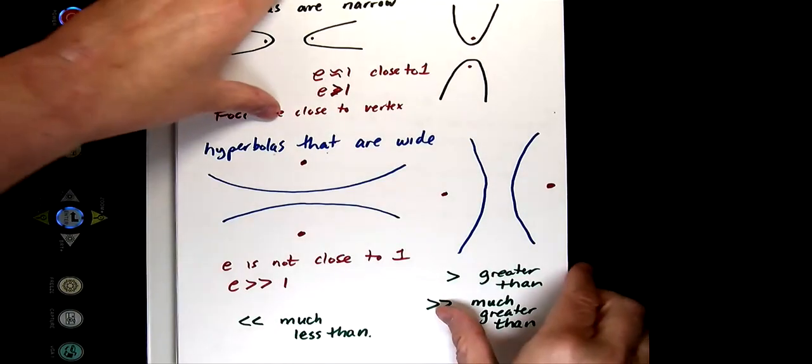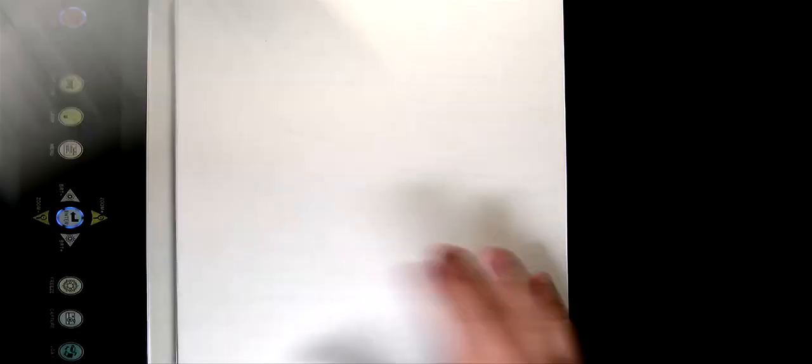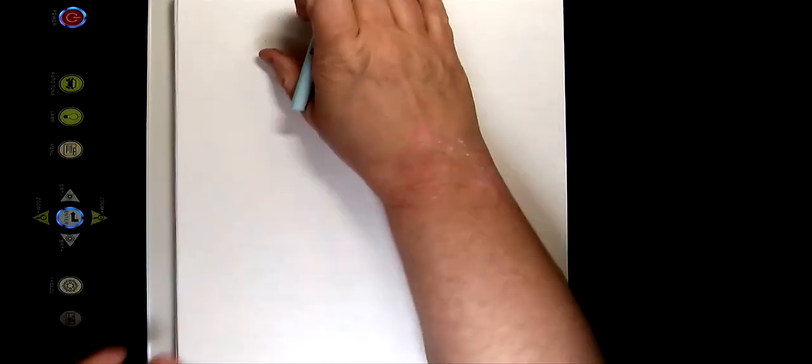So let's do one more example. One of those where they make it crappy, find the equation.